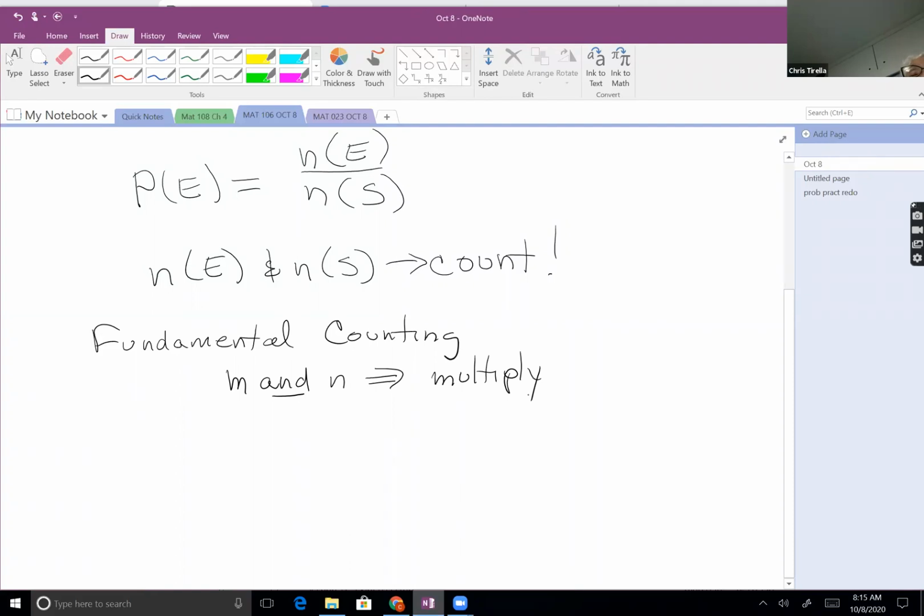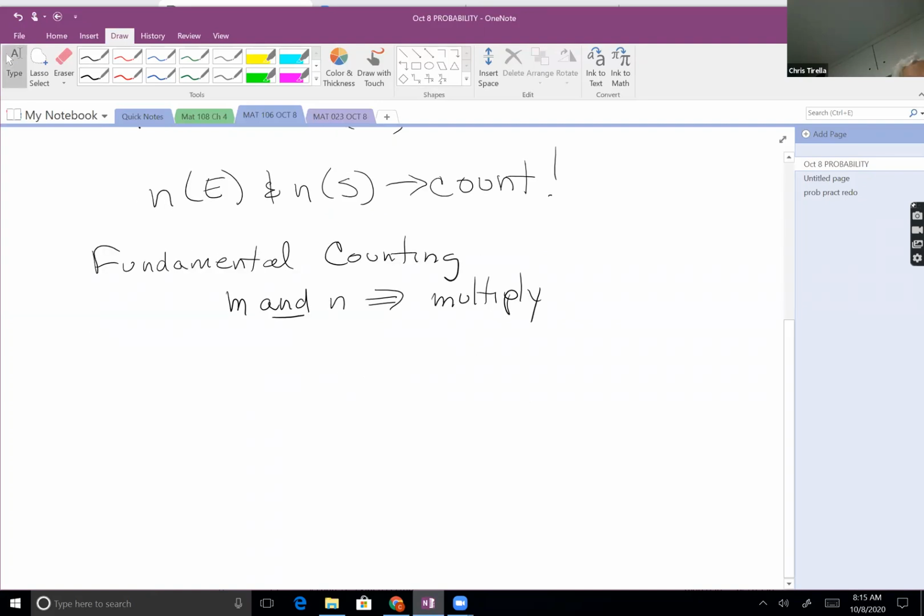We're going to use the fundamental counting principle when things can repeat and you can get the same answer over and over again, which is something that our permutations and combinations don't allow us to do. We have permutations, and we're going to use permutations when the objects are distinct.